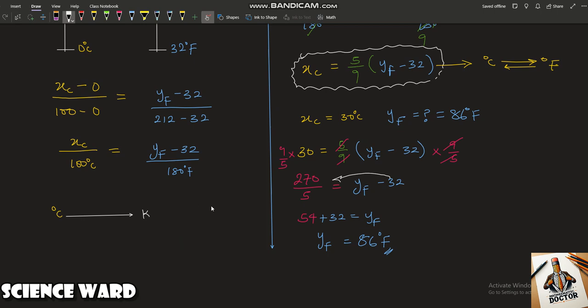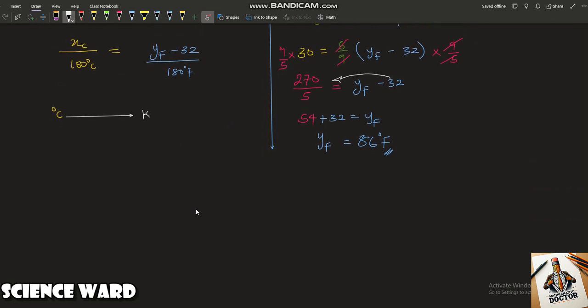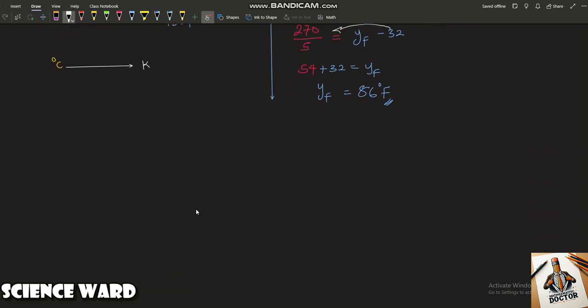To look for the relationship, which is the formula that is going to put them together, we need to bring the scales of Celsius and Kelvin together. So let's go ahead and do the same thing.